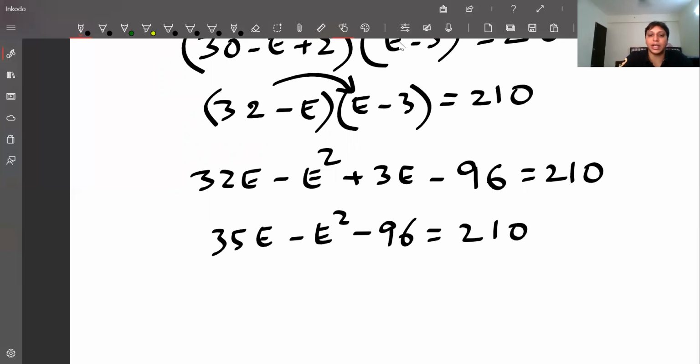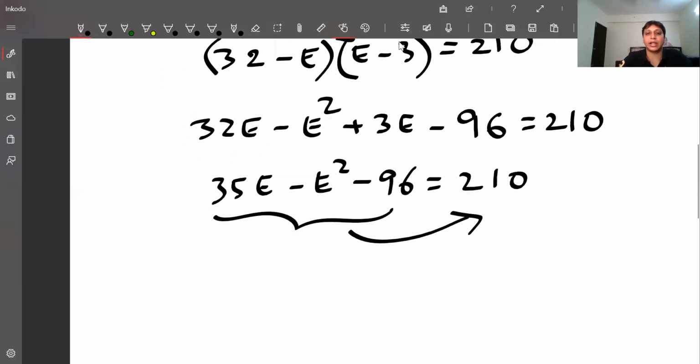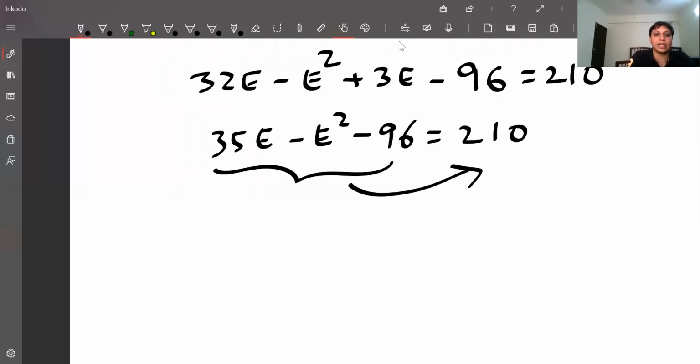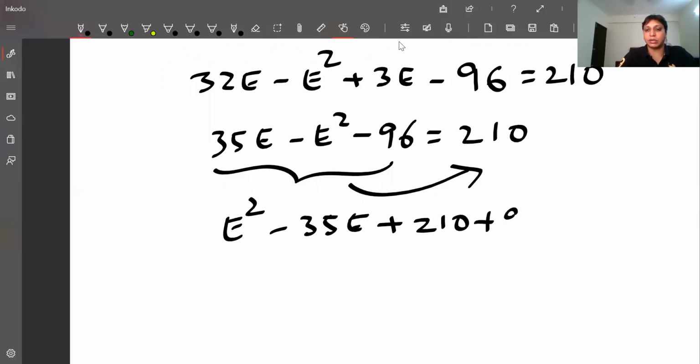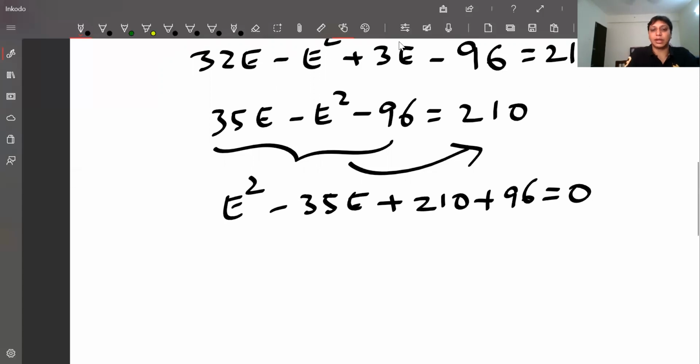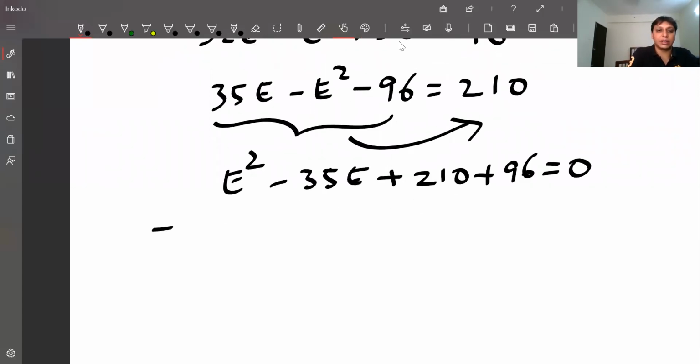Now let us take all these 3 terms to the other side of the equality. Then it gives E square, because minus E square will turn to plus E square, and then minus 35E, and plus 210 plus 96, because minus 96 will become plus 96, equal to 0.